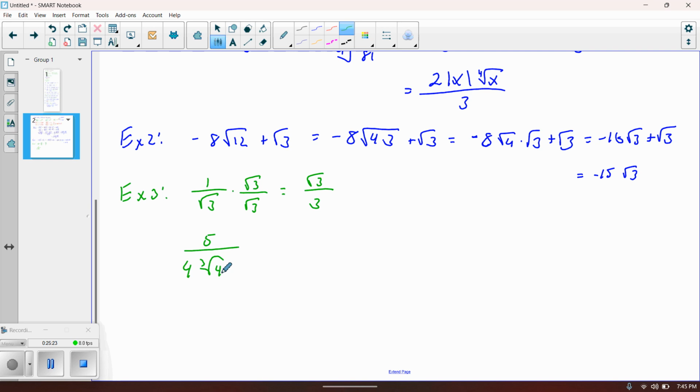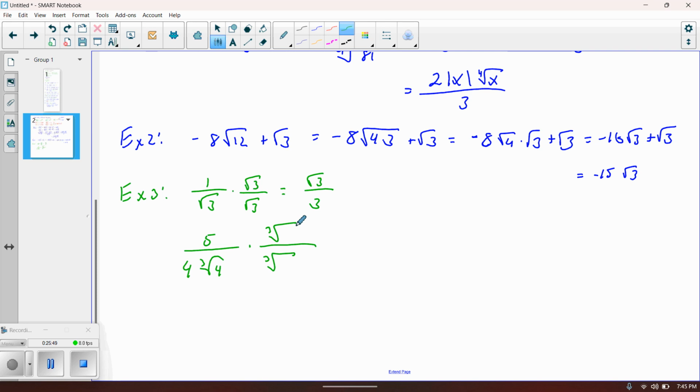Because we're trying to get rid of a cube root, you don't just multiply it by the same cube root. That doesn't work. What you want to do is create underneath the root a perfect cube. So what you want to ask yourself is, what cube root would I have to multiply on the top and the bottom so that the cube root on the denominator becomes a perfect cube?